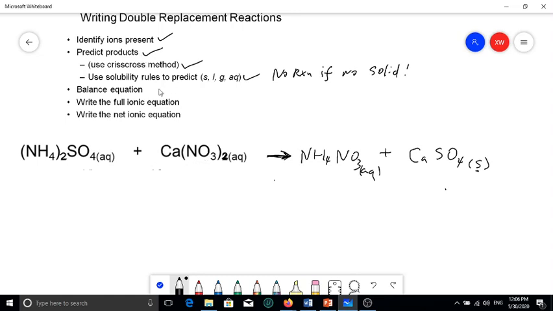But just because it's double replacement, we're looking at the cation and anion. So we just need to balance the ions without breaking up the polyatomic ion. So when balancing the equation here, do not break polyatomic ions.